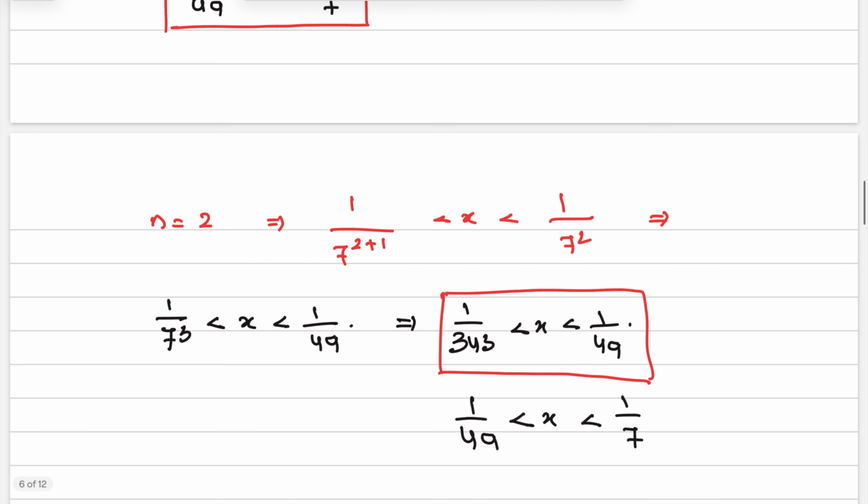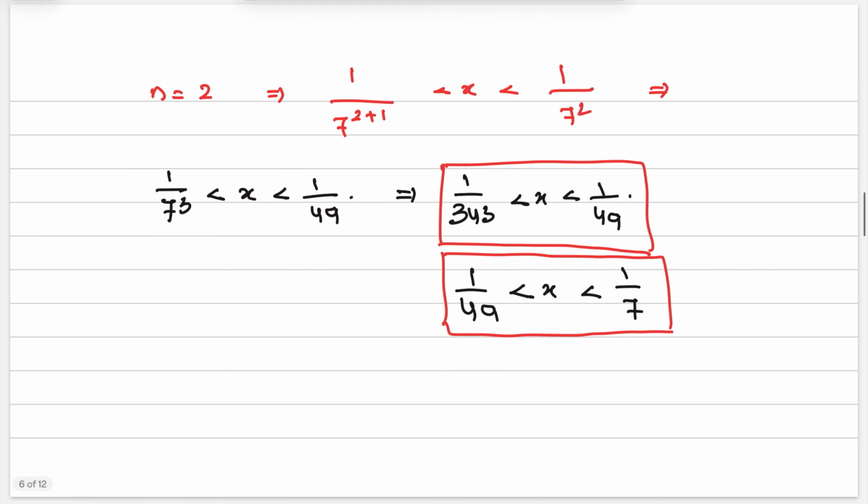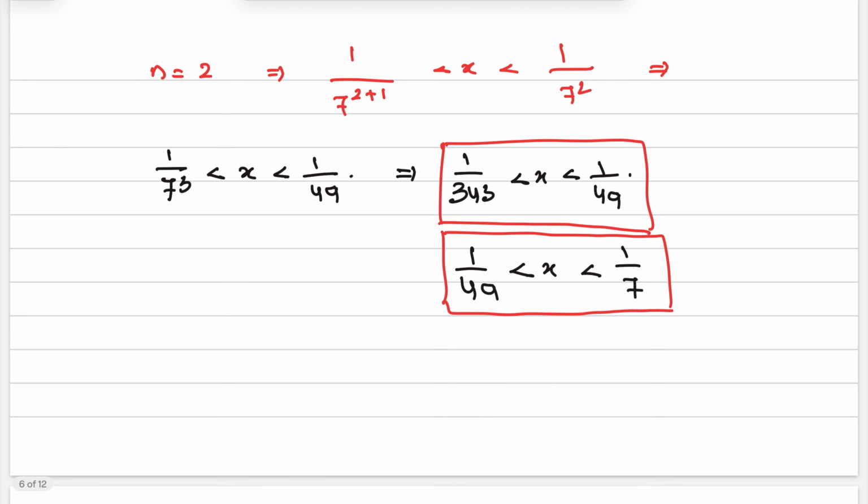Correct? These two conditions both have the value of 1 by 49. Please try to understand this concept. But x is not equal to 1 by 49, it is a neighborhood of 1 by 49.